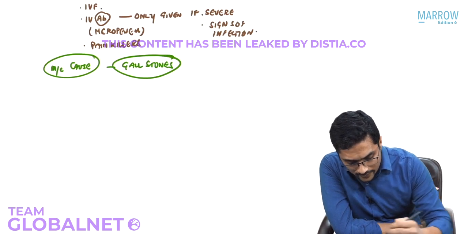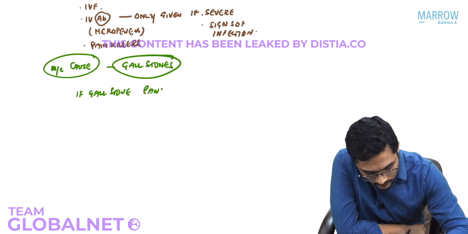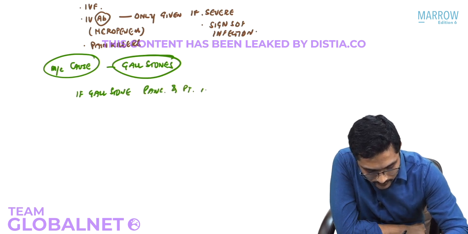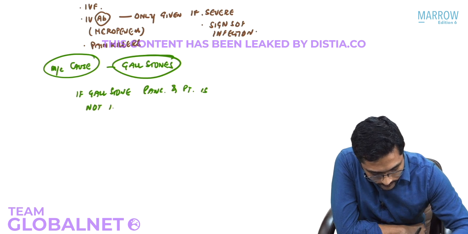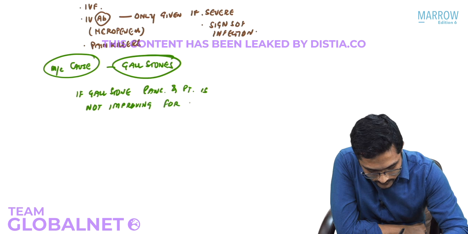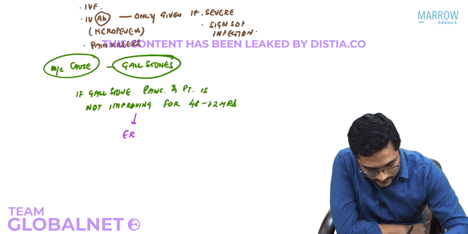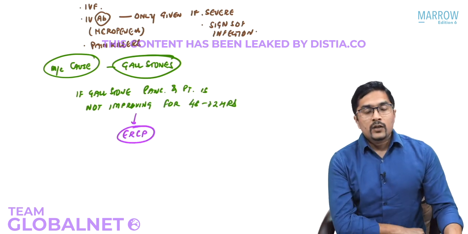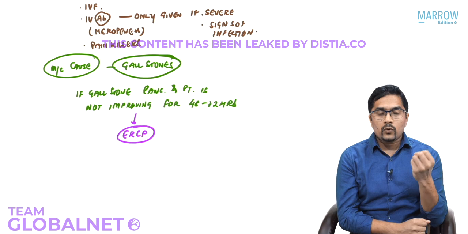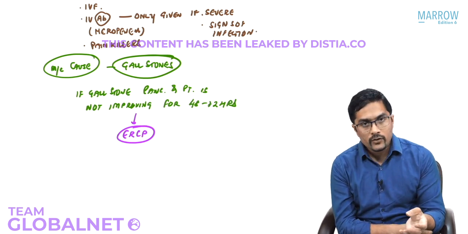So if it is gallstone pancreatitis and the patient is not improving for 48 to 72 hours, then we should do an ERCP in these patients to remove that stone, to decompress the system so that the patient can recover.